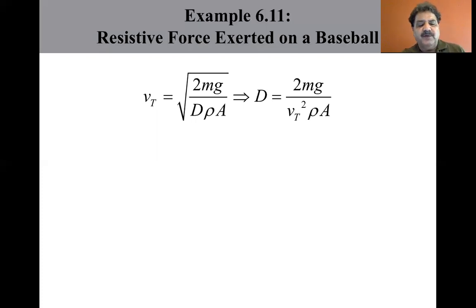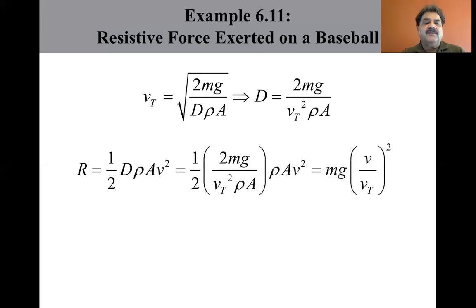We use this expression for D to find an expression for the magnitude of the resistive force. So the resistive force, we were given the equation, equals 1/2 D rho A v squared. So it's equal to 1/2 times D, being 2mg over Vt squared rho A, times rho A v squared.